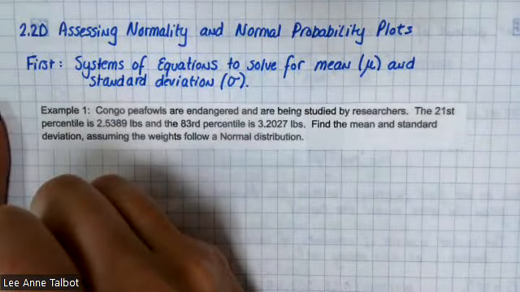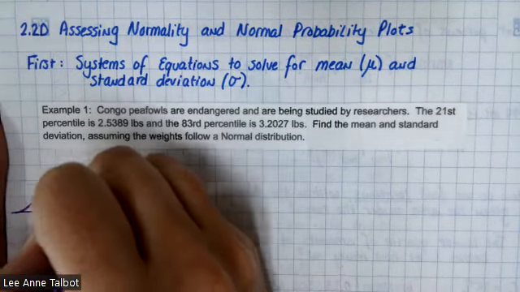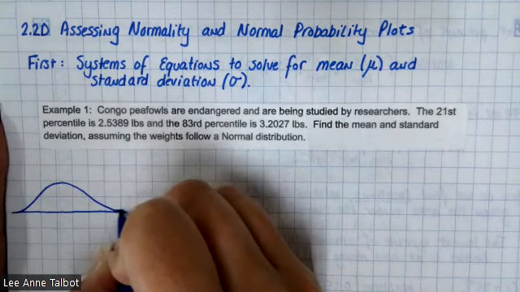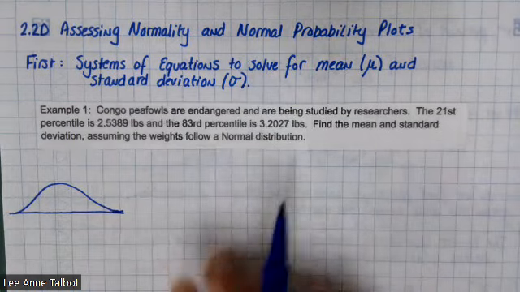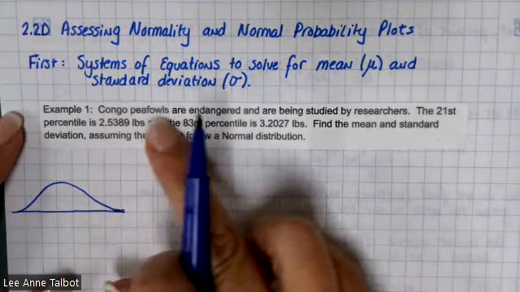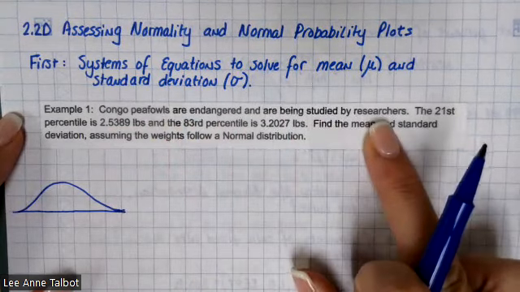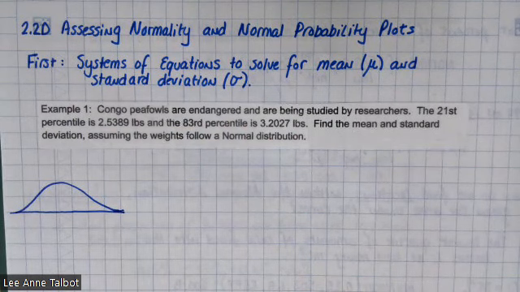I want to draw a little picture over here before we do this. And so it says Congo peafowl are endangered and being studied by researchers. The 21st percentile. Okay, so where's my normal curve? I had it right here.